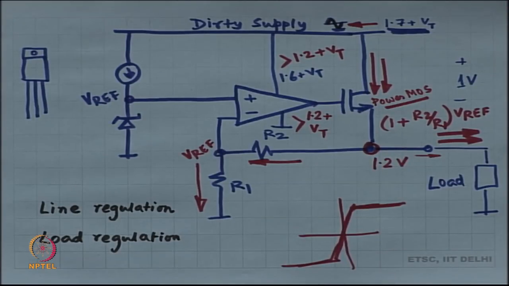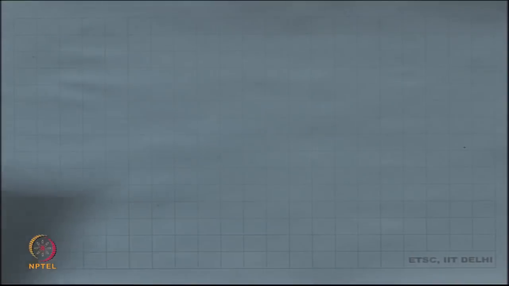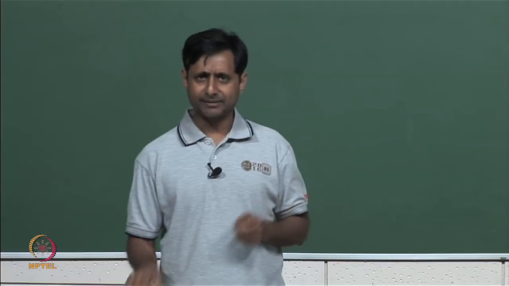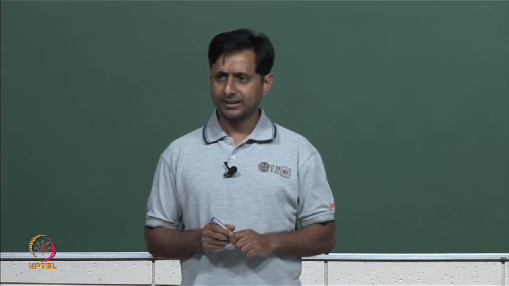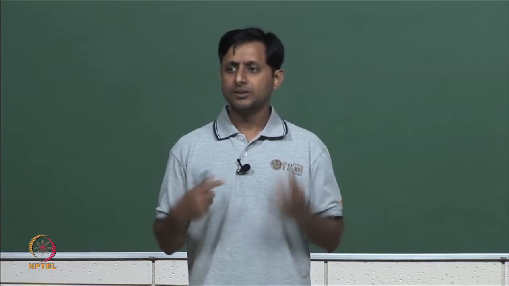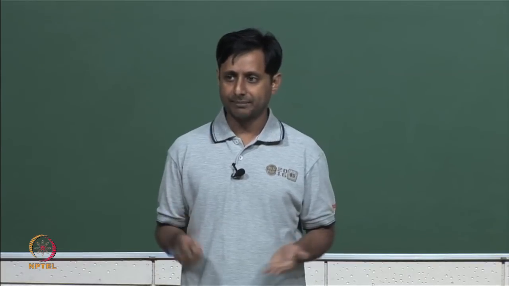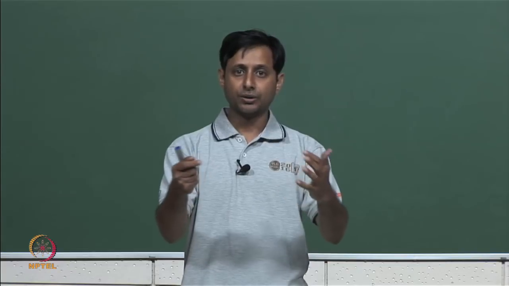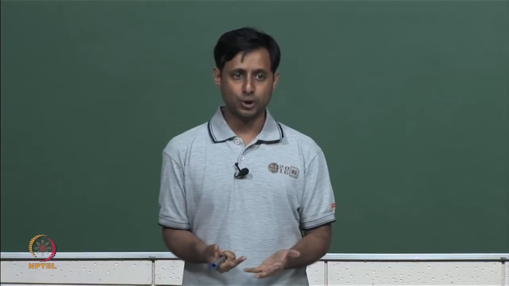Now, in modern technologies, the maximum supplies become low. Why? We have not discussed this at all, right. The MOSFET becomes smaller and smaller, right. You want to pack in more MOSFETs in the same area, you want more functionality on one chip, right.